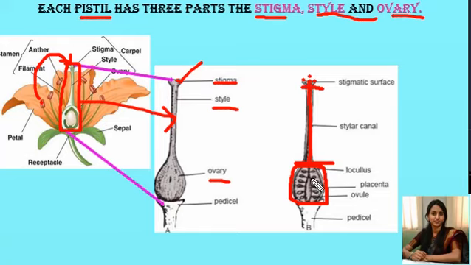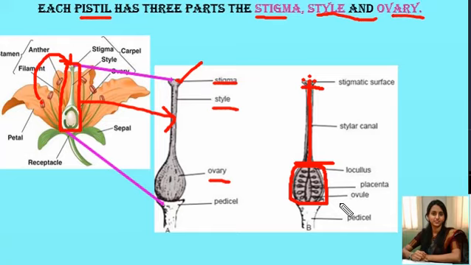In the locule there may be only one ovule, for example in wheat, paddy and mango, or there may be many ovules, for example in watermelon and papaya. You might have seen that in watermelon and papaya there are many seeds. After fertilization the ovules develop into seeds.